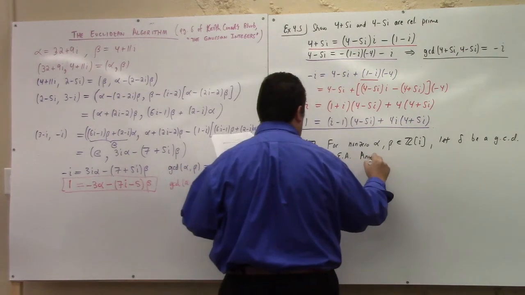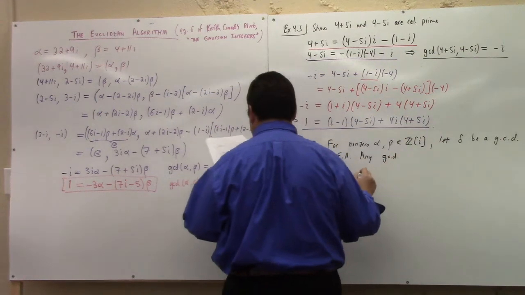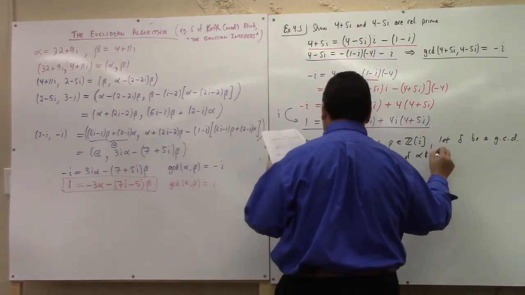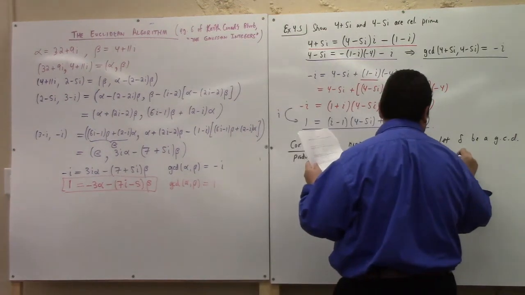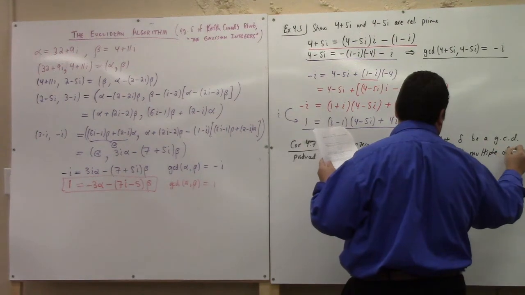Any GCD of alpha and beta is a unit multiple of delta.